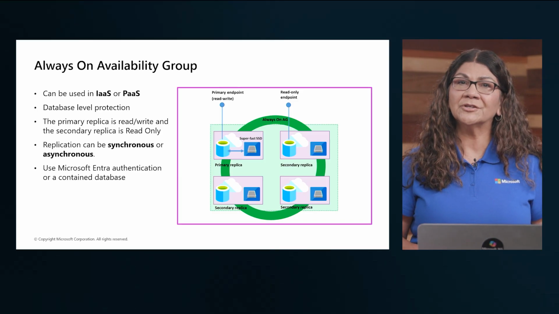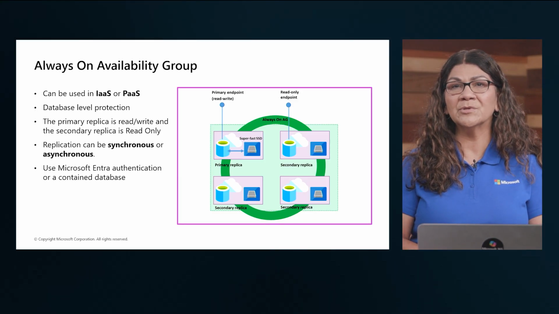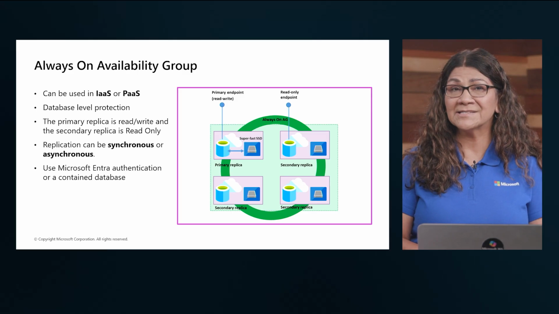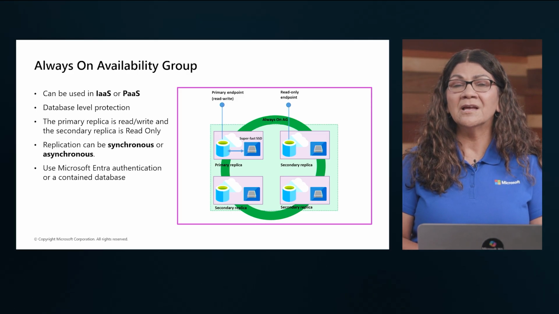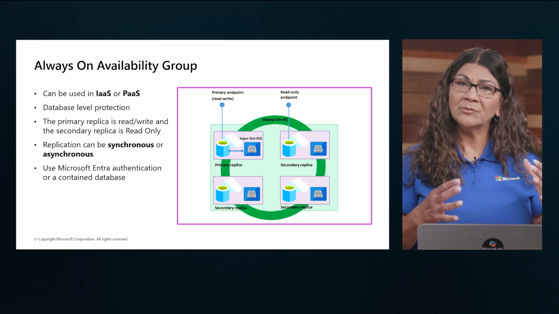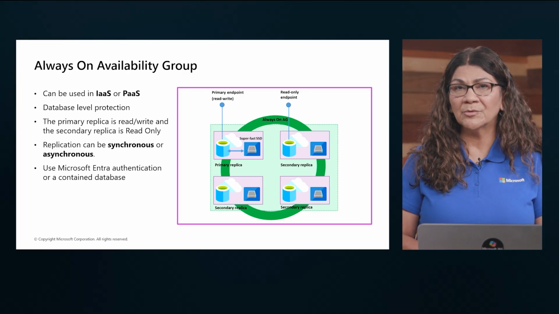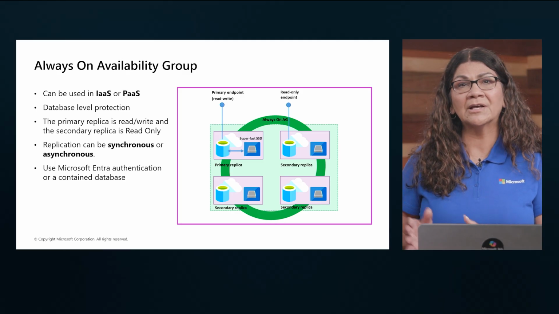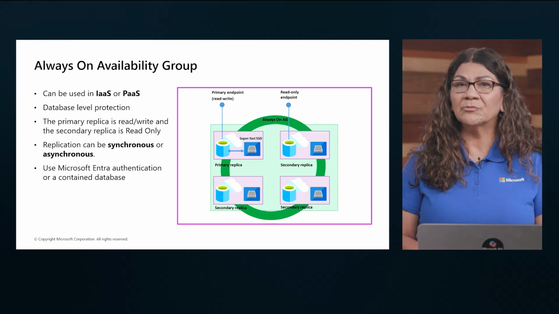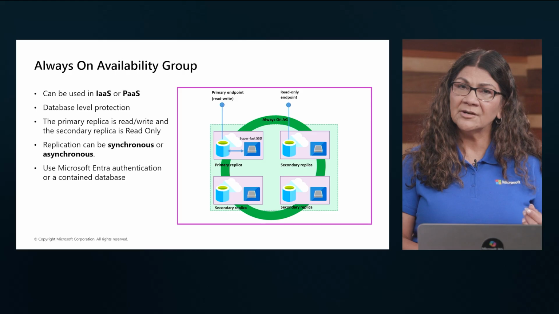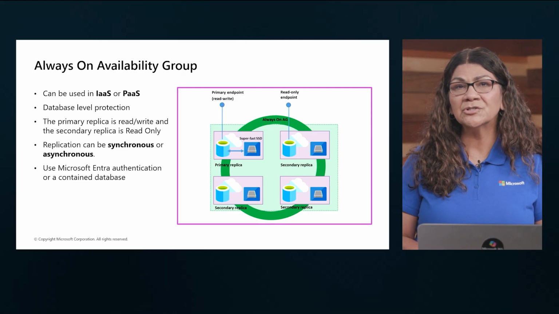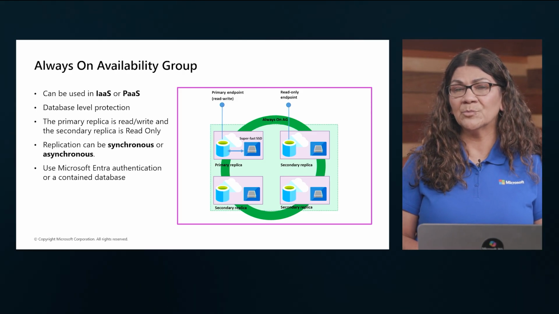The architecture and benefits of Always On availability groups offer database-level protection in both IaaS and PaaS environments. The setup includes a primary replica for read-write operations and a secondary replica for read-only access, with replication configured as synchronous or asynchronous to ensure data consistency and availability.